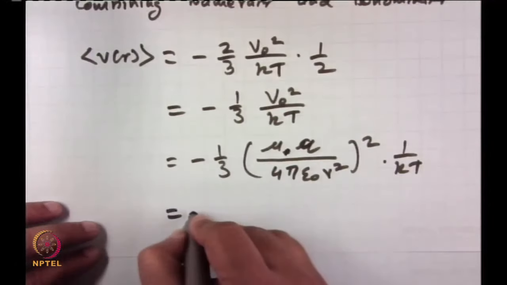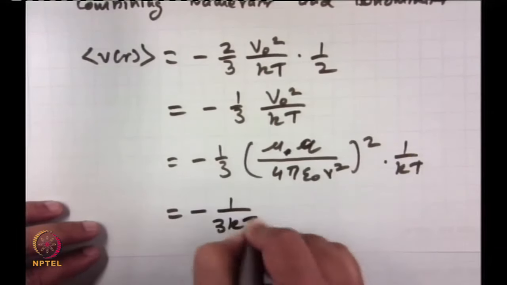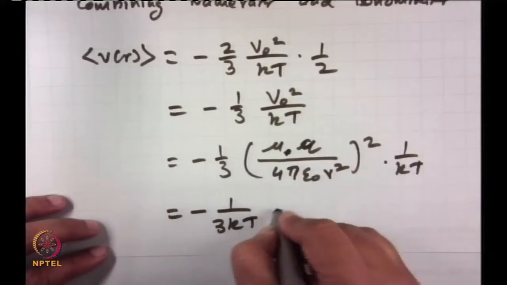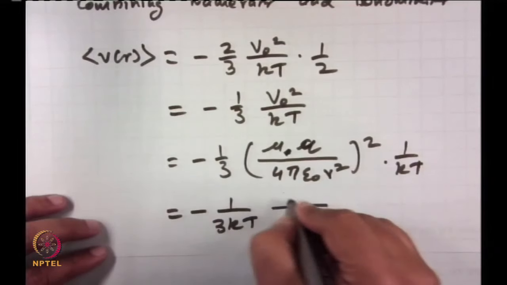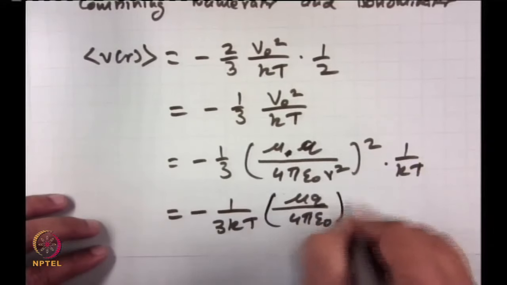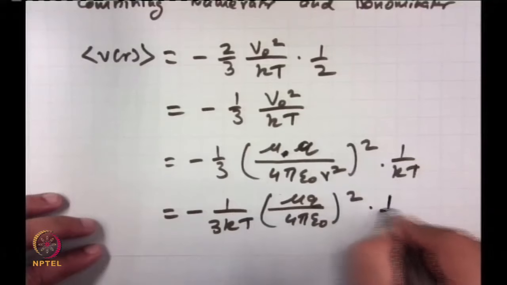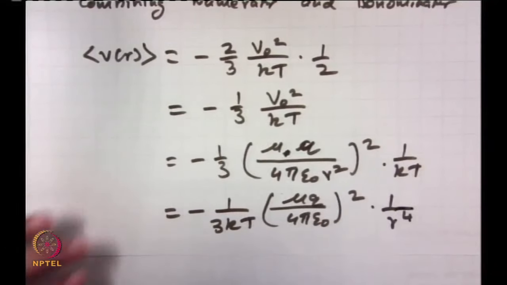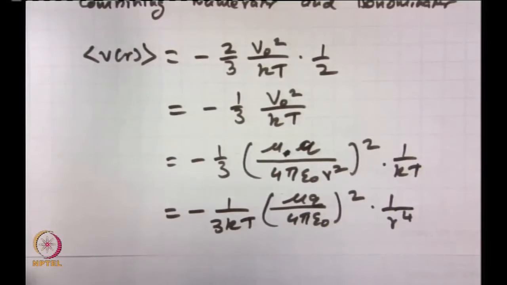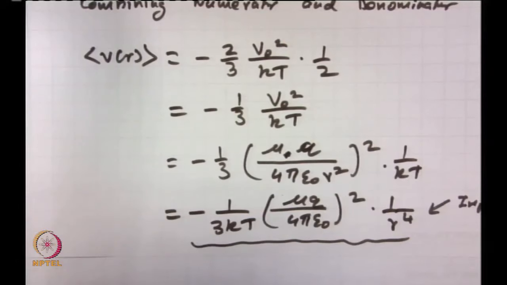Look at this, what I can further write is minus 1 by 3 kT, okay. Then I can write mu q over 4 pi epsilon0 squared. What happens to r squared now? It goes to r to the power 4, and this is extremely important.